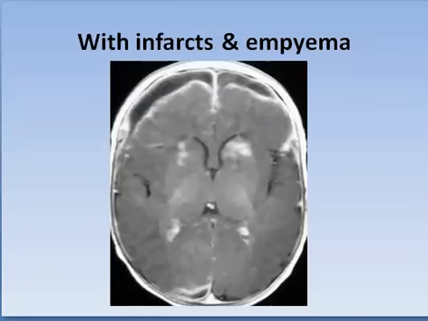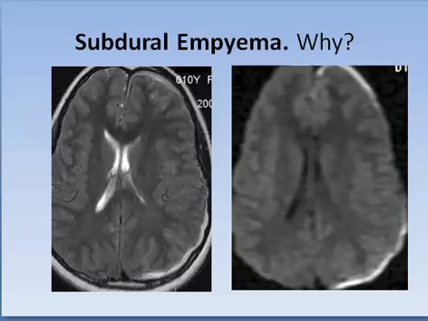Bilateral empyema with multiple infarcts, and some are seen as hemorrhagic infarcts, and these are enhancing margins of the empyema on both sides. A subdural collection. Here it is. This is empyema again.